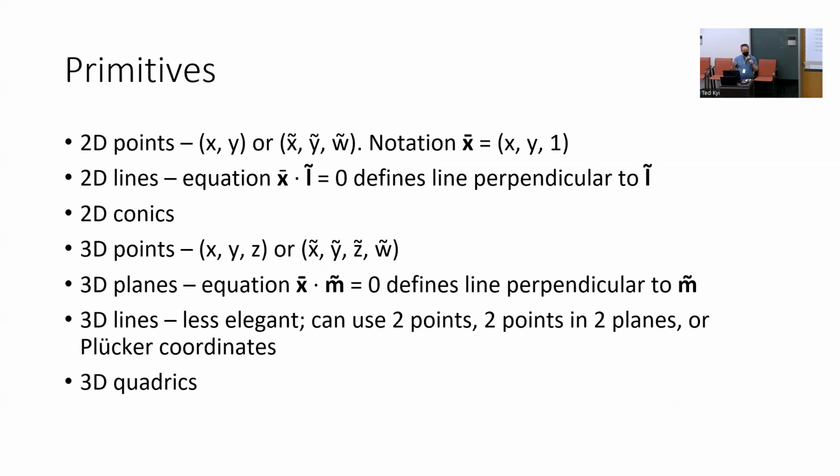You're going to need primitive objects and concepts. Starting with 2D to be a little simpler, a point is just 2 numbers in 2D, or 3 numbers if we're using homogeneous coordinates. A line can be parameterized many different ways.